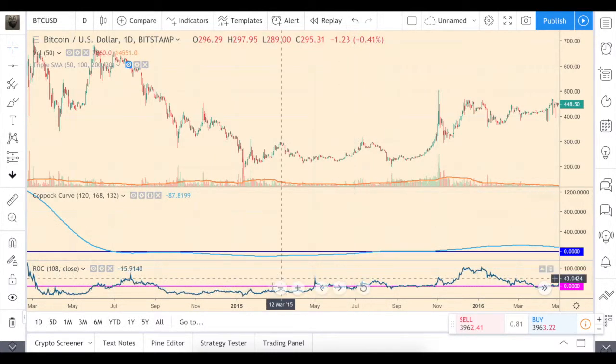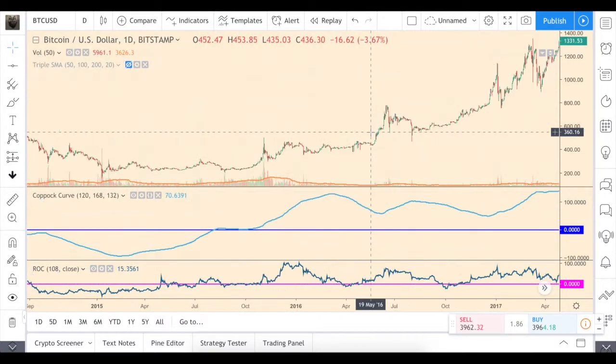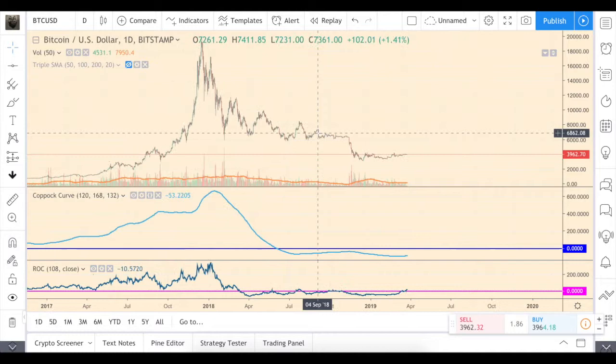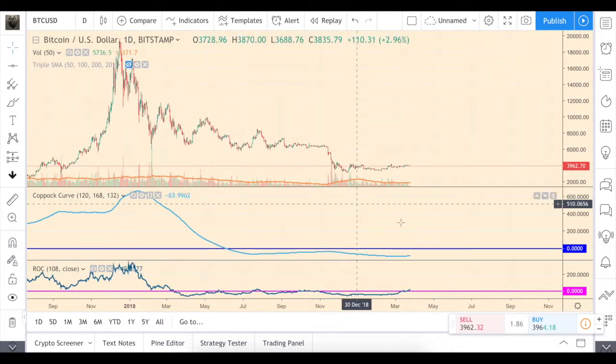And you can see that it's pretty much similar to the Coppock curve, that you have this switching from the bearish to bullish area around September, and this was still the accumulation phase. So when the ROC is hovering around 0, it means that we are in a consolidation at some point. Very, very indicative.